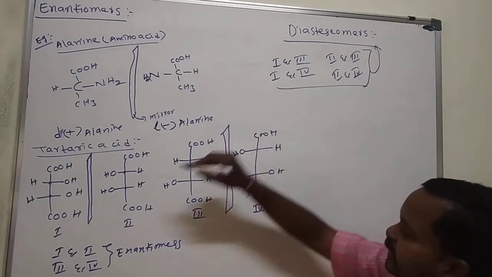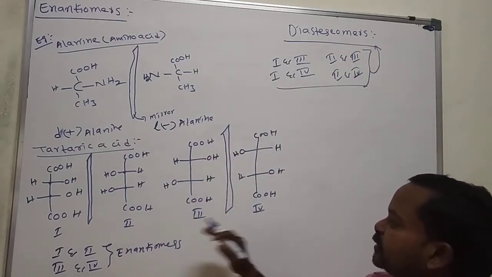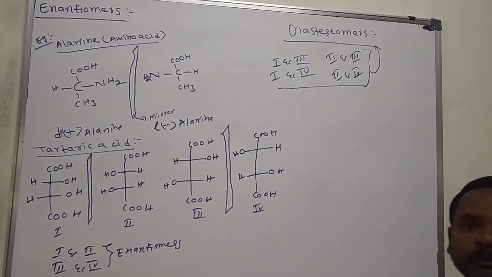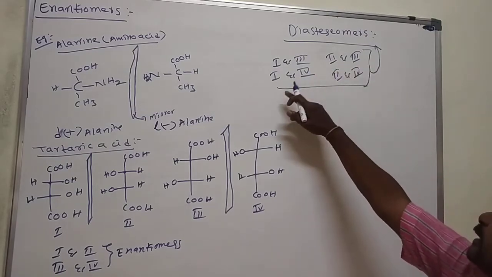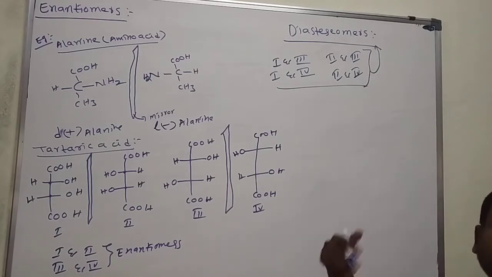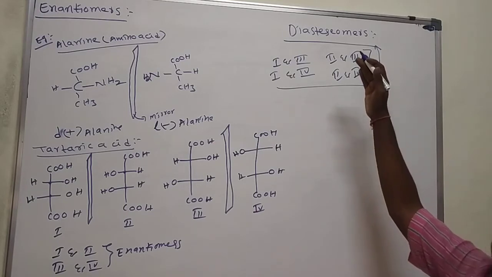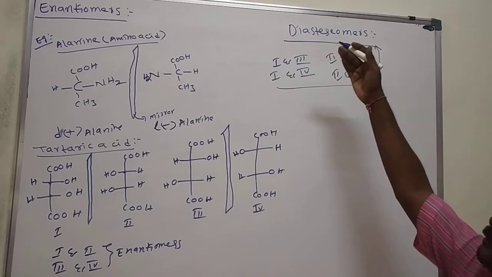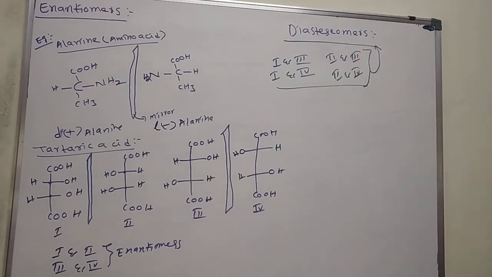Second and third, second and fourth, first and fourth are all non-superimposable. Non-superimposable means not overlapping perfectly. All of these pairs, 1 and 3, 1 and 4, 2 and 3, 2 and 4, do not overlap with each other and are non-mirror images, so we call them diastereomers.